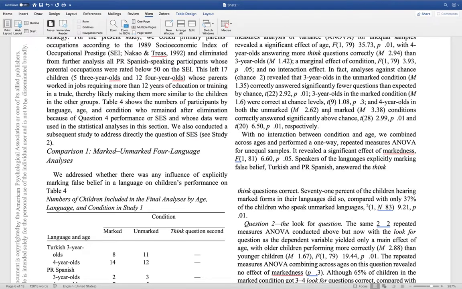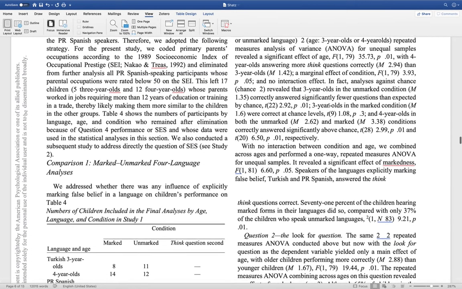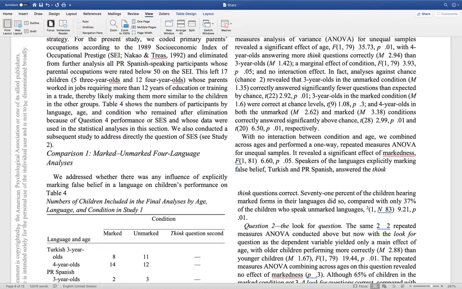So I can understand how students get flustered reading these articles. In fact, analyses against chance being 2, revealed that 3-year-olds in the unmarked condition correctly answered significantly fewer questions than expected by chance. 3-year-olds in the marked condition were at chance level.